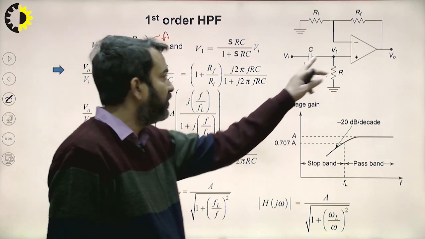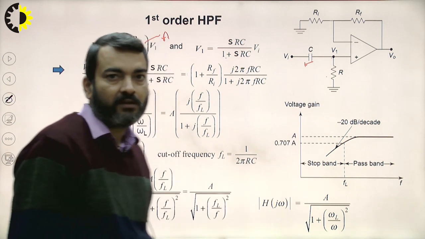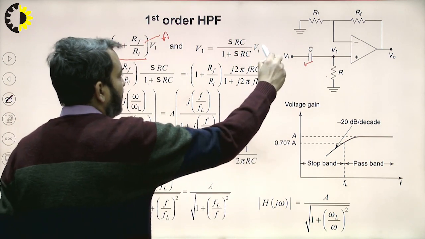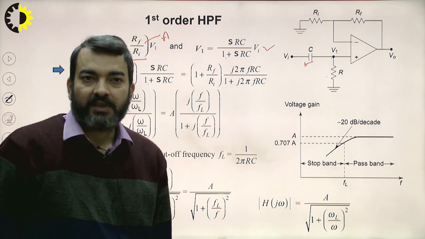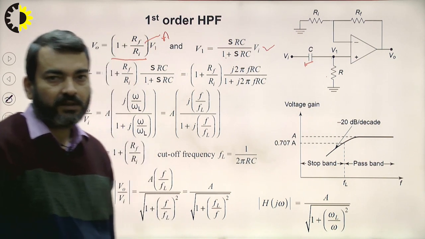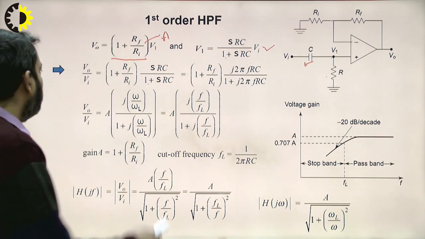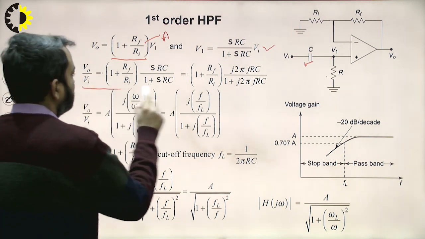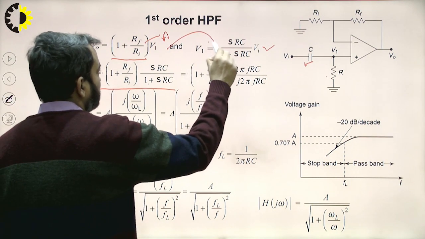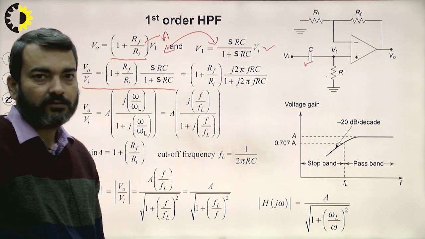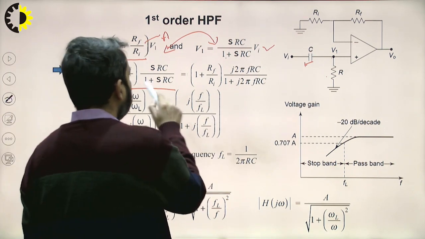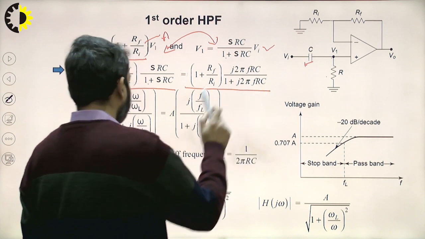Again, by using the voltage divider rule, we can calculate V1, which is coming as this. Now we can get the transfer function. So the transfer function, that is V0 by Vi, is equal to this much, using these two equations. Putting s equal to j omega, we can rewrite the same transfer function as this.